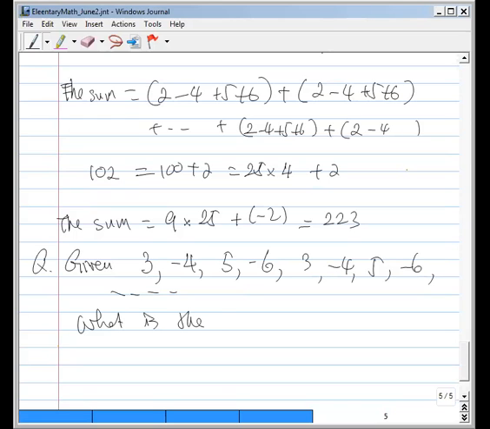What is the sum of the first 2019 terms? Okay, please do it.